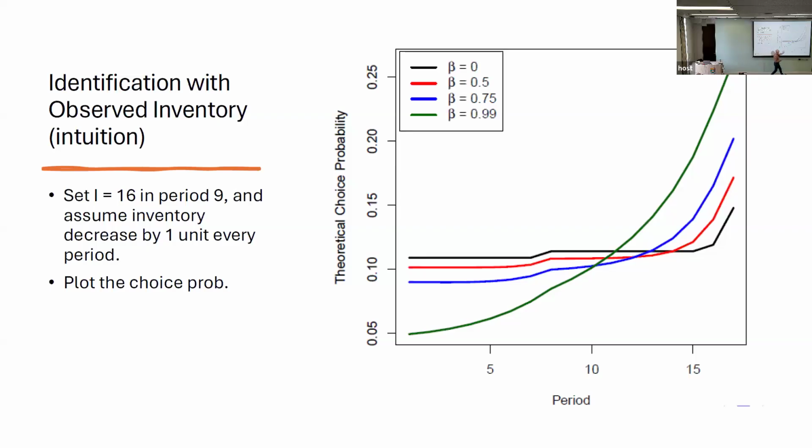So as time goes by, your inventory drops. And as inventory drops, someone who's very forward-looking will become increasingly more eager to buy. But if you're completely myopic, beta equals 0, then this person's choice probability doesn't respond to the inventories. Not until you actually get to the point of running out, then it does.